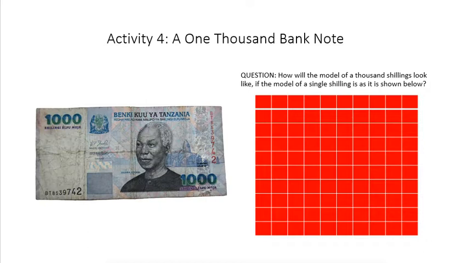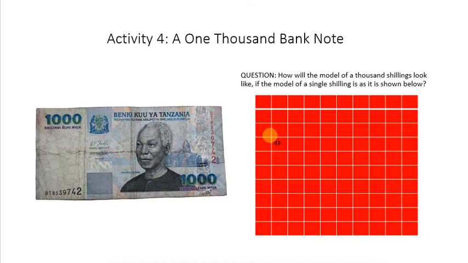This here is another activity. This is a 1,000 banknote. Now the question here is, how will the model of 1,000 shillings look like if the model of a single shilling is as it is shown below? Remember, this is a model for a single shilling.